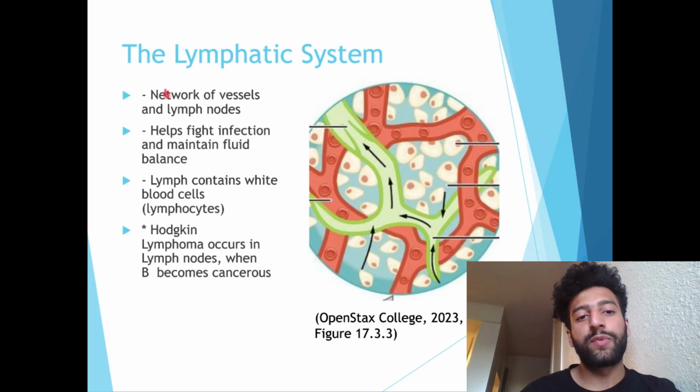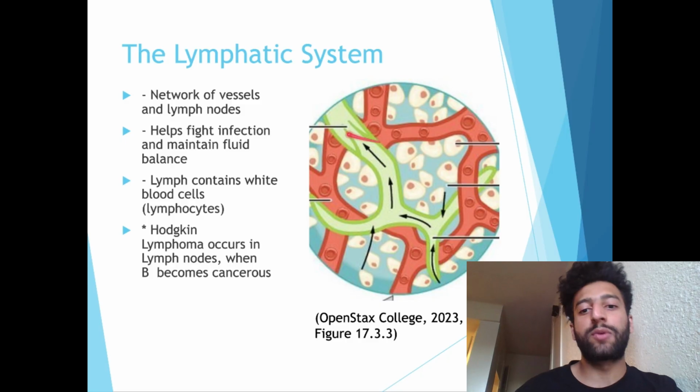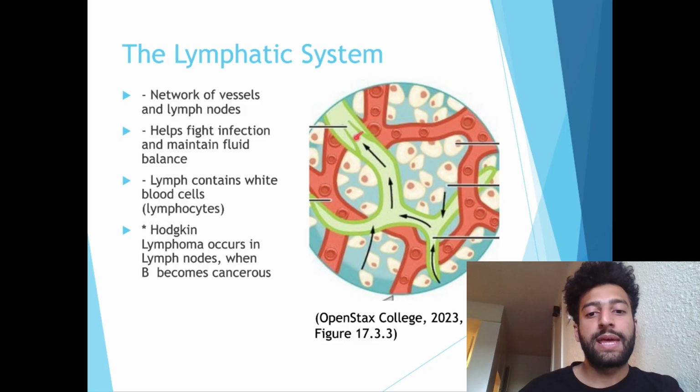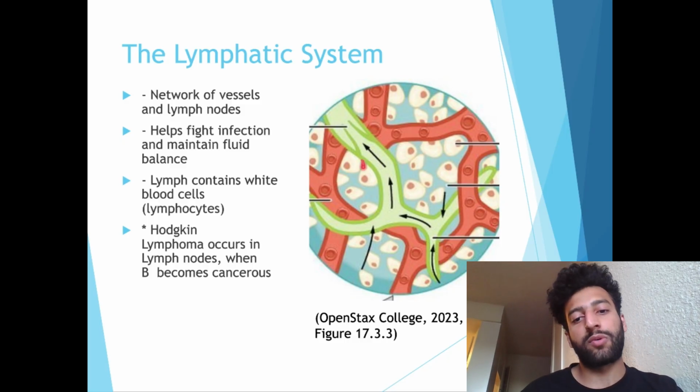So let's start with the lymphatic system. In order to understand the cancer of B cells, which is Hodgkin's lymphoma, let's quickly understand the lymphatic system. We know that we have the cardiovascular system that is responsible for transporting oxygen through blood to all body cells, and then we have another system which is called the lymphatic system.